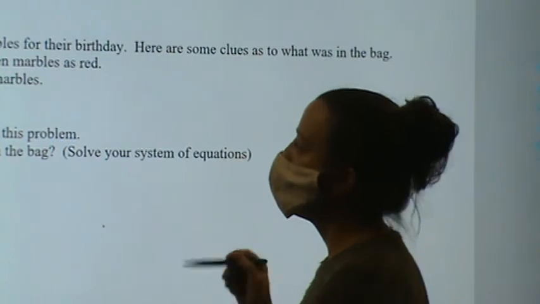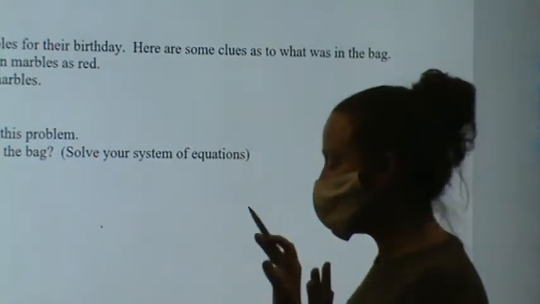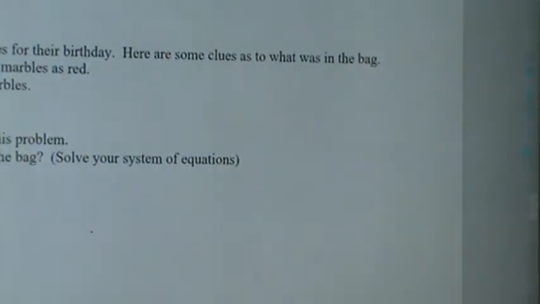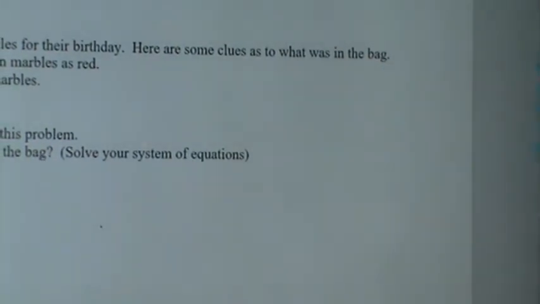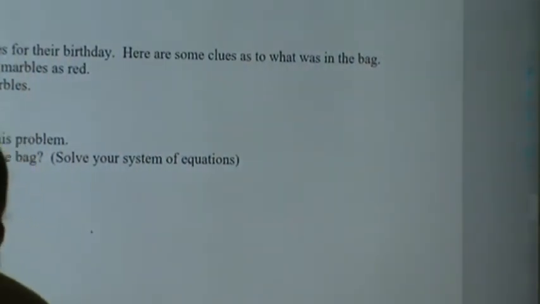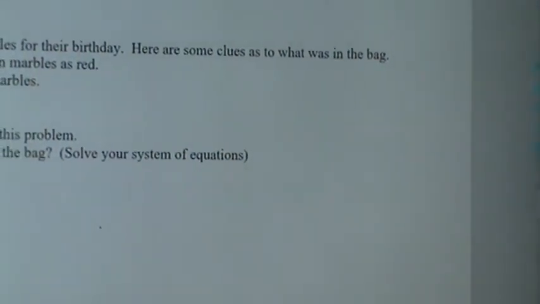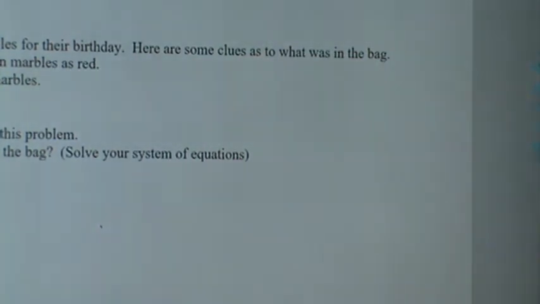So let's take a look at how we do this. What do you want x to be? Do you want x to be red or green? Doesn't matter. We can call it red or green. So let's let x be the number of green marbles. It will help you to write this part out.